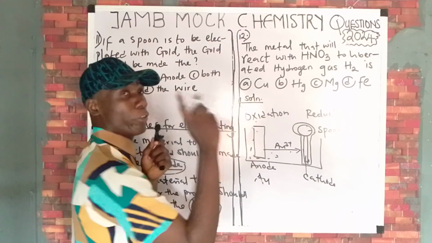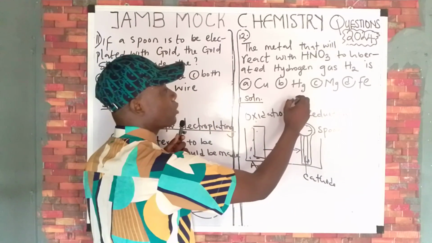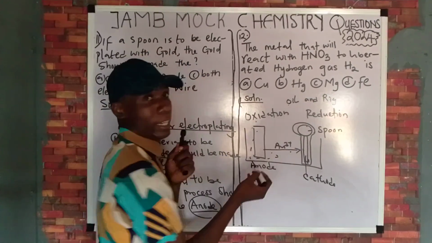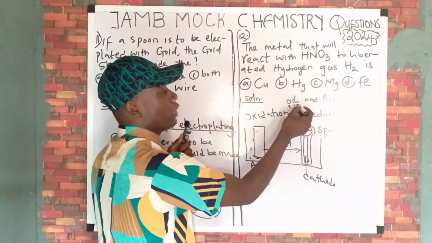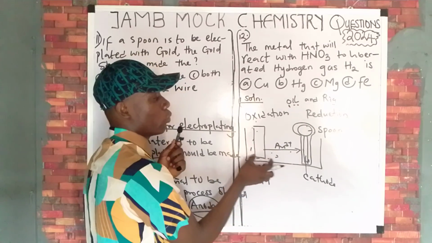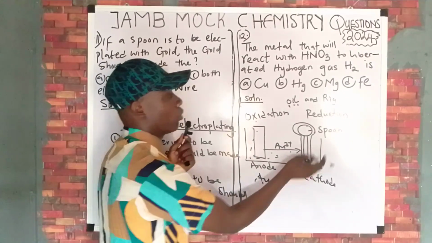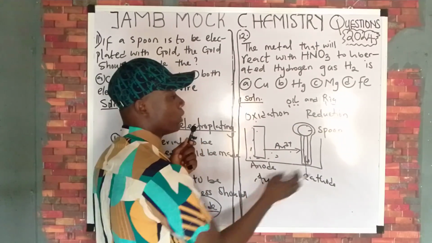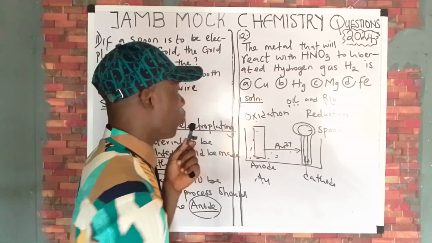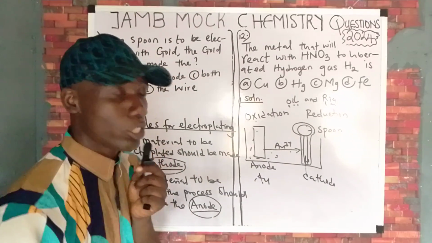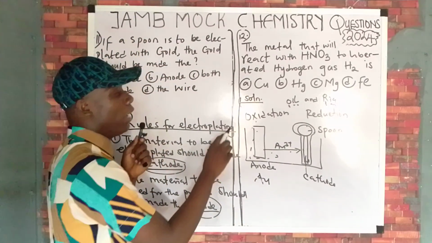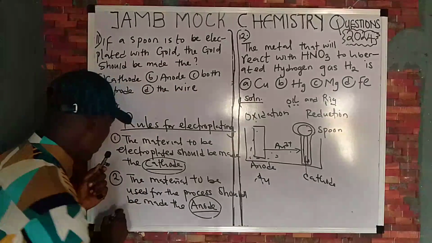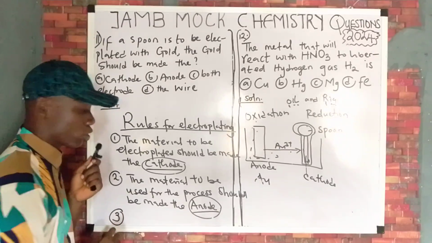Now, don't forget the acronym OIL RIG. OIL means oxidation is loss. So oxidation will lose to the cathode. Then RIG means reduction is gain. So it means that the cathode will always gain, while the anode will always lose. So you make the material to be used for electroplating the anode. Please write this important note.